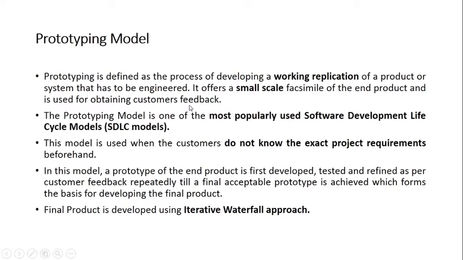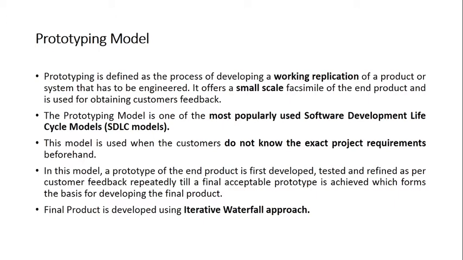So why do we make that small scale toy or working model? So that we can give it to the customer, he can evaluate it, and if he feels any feedback or modification is required, he can convey it to the development team members, who can modify it and again give it to the customer for evaluation, take his feedback, and make the relevant changes again.